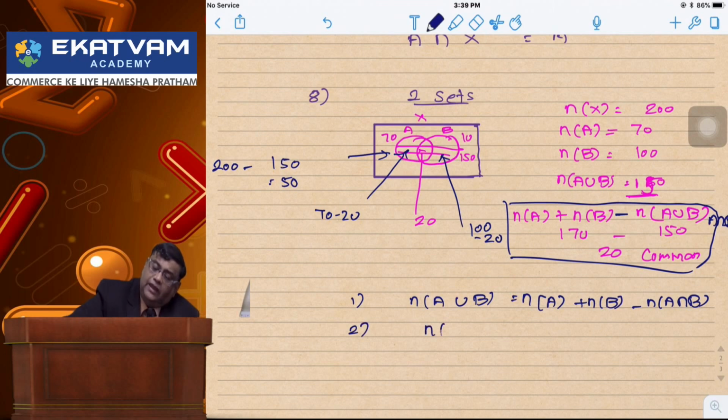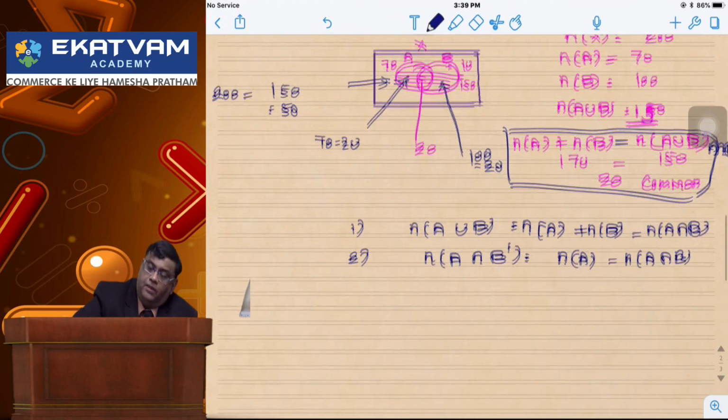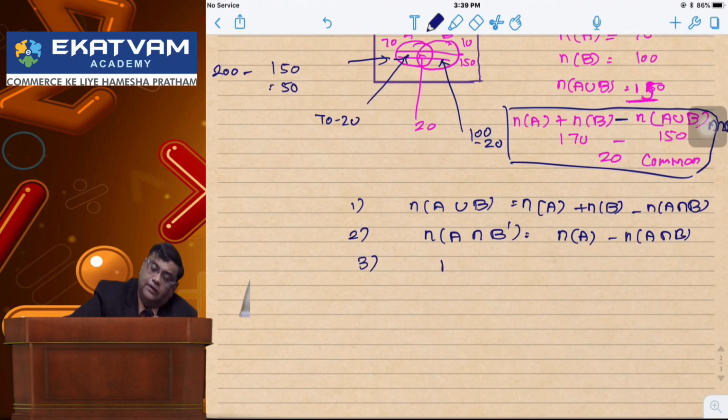Then tell me, if they ask as a theory question the formula for only A, then consider entire A and minus the common part. How will I get only B? A dash intersection B: consider entire B and minus the common part.